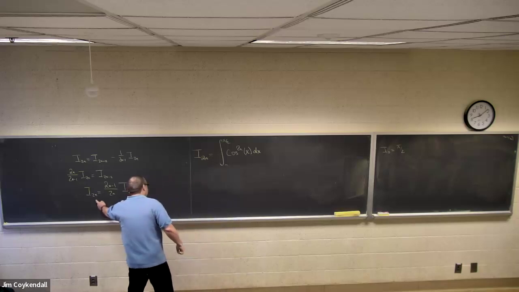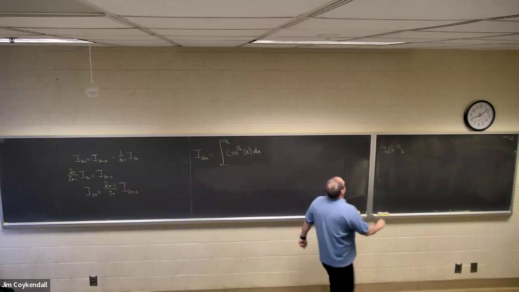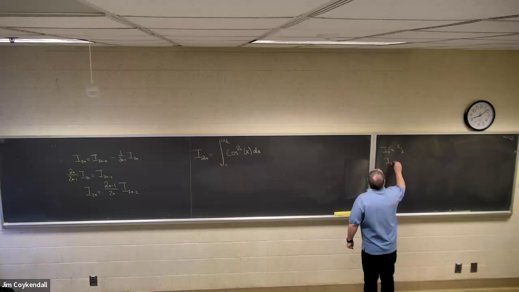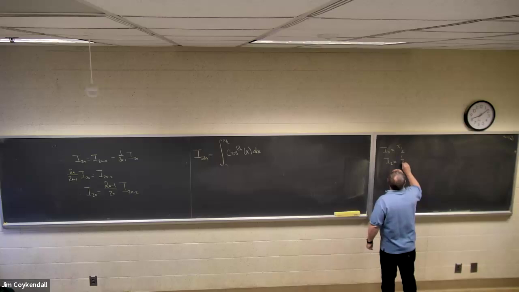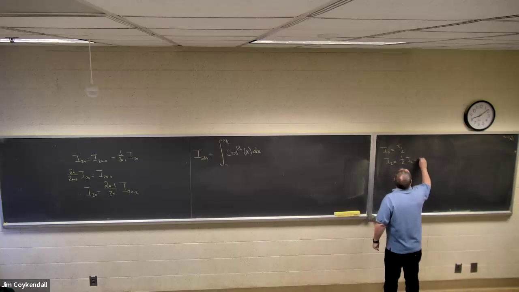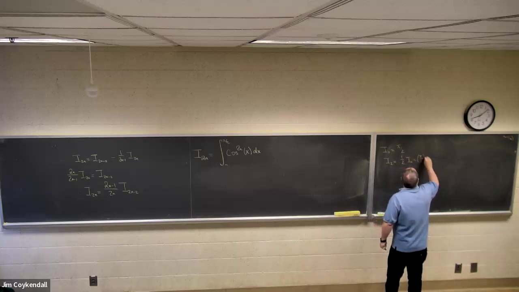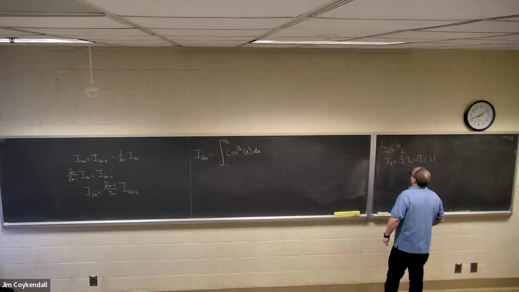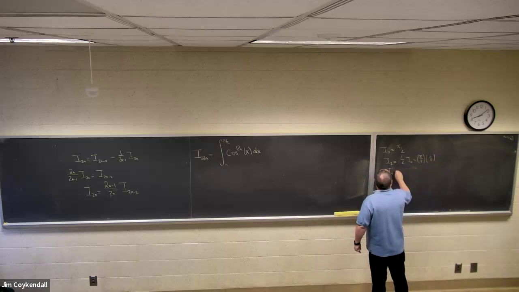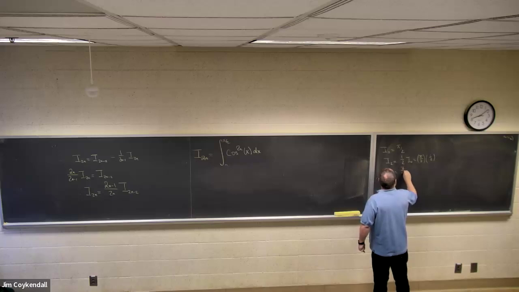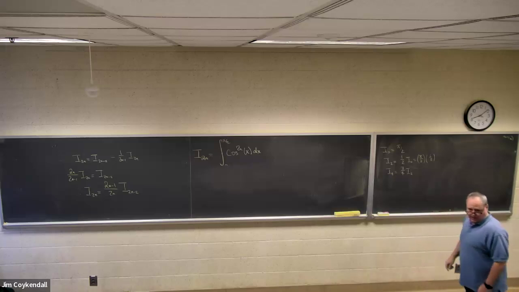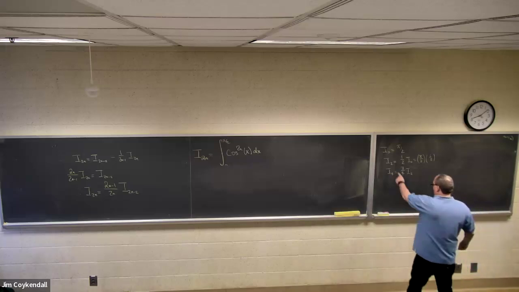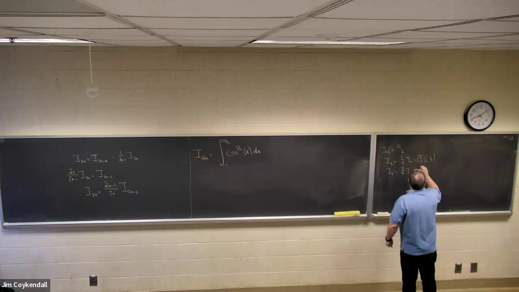So when I want I2, by this formula here, that's 1 less than 2. So I get pi over 2 times a half. I4 is 3/4 of I2, so it's just 3/4 tacked onto this.